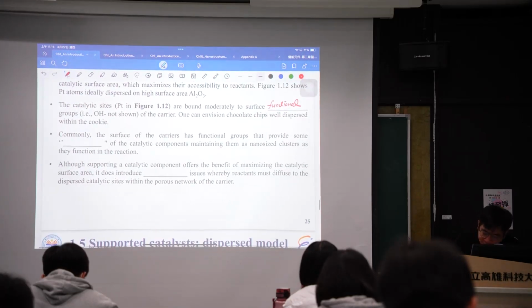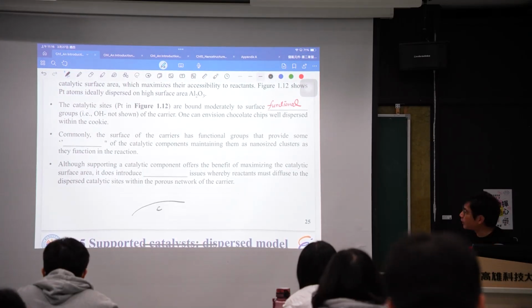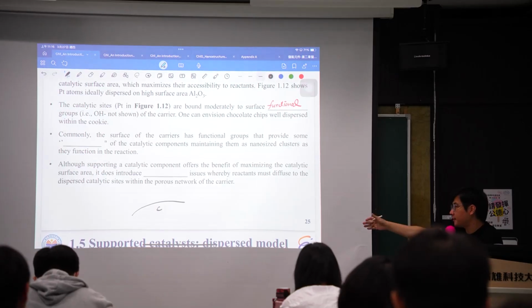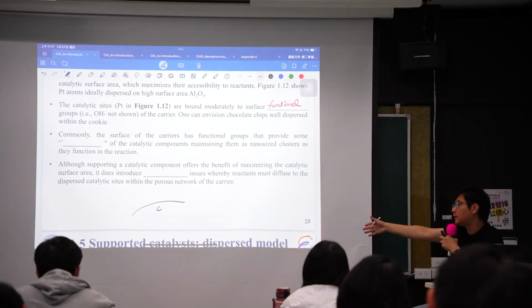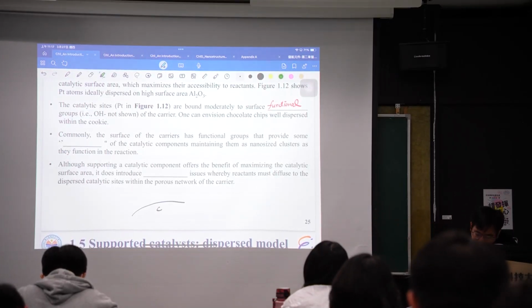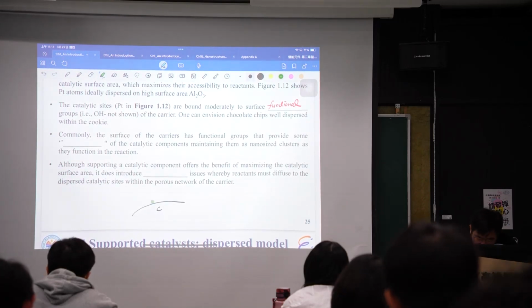For example, this is carbon. The carbon surface is very smooth, very flat, very smooth. There's no defect on the surface. So the catalyst on the surface is very easy to activate, right?